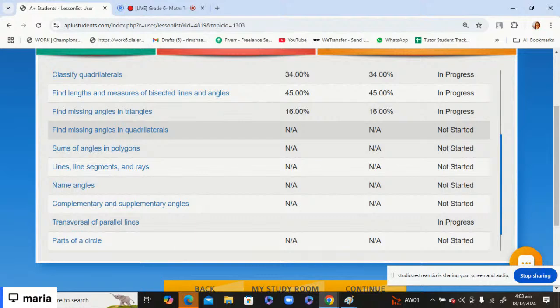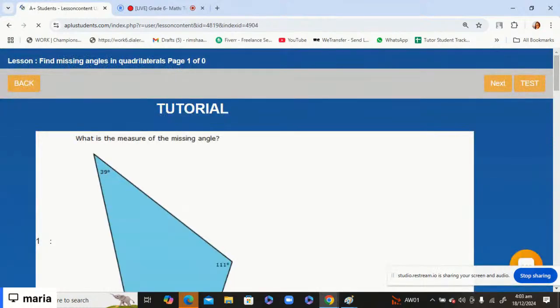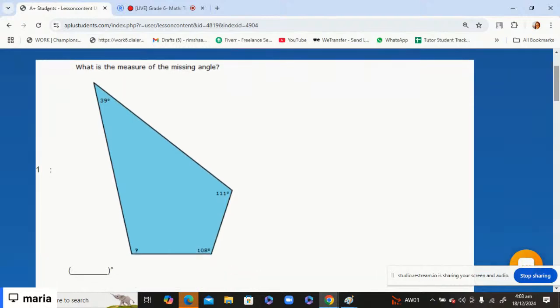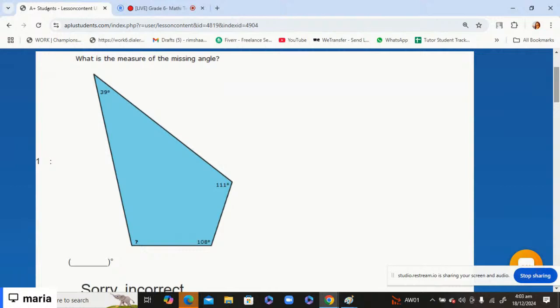So let's continue with this. What is the measure of this missing angle?